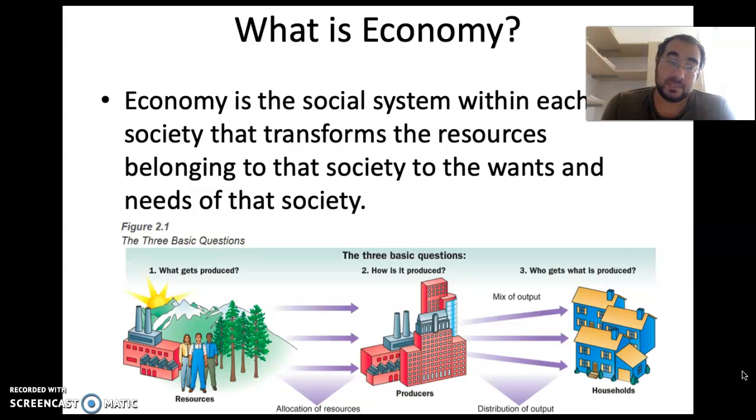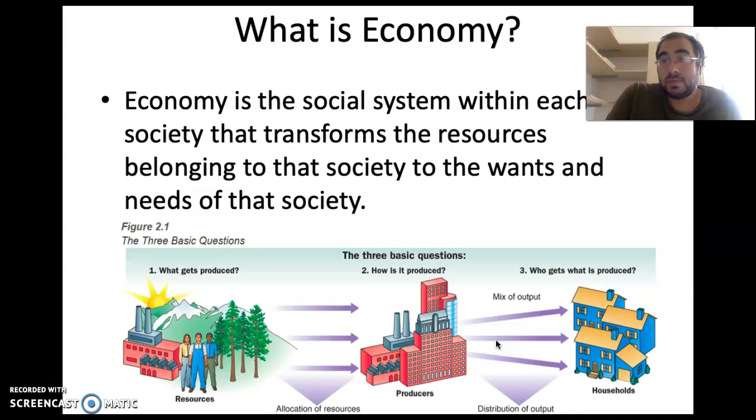So the economic system is kind of the system that directs these resources to the producers, who transform these resources to the wants and needs of the people, and then distributes these outputs to the people to meet wants and needs of the society.